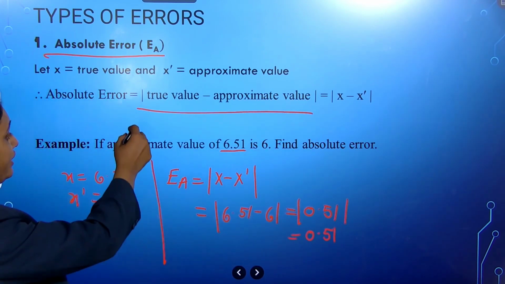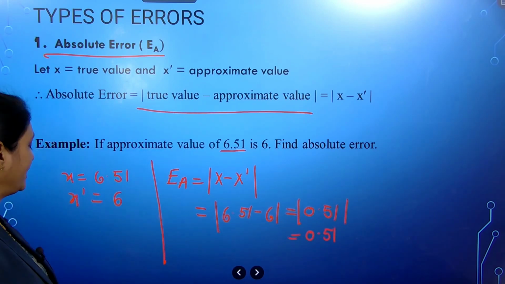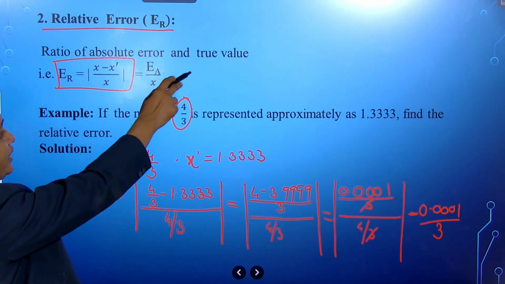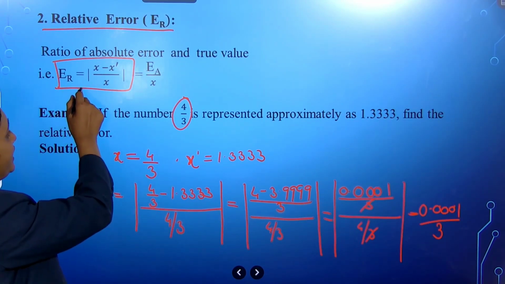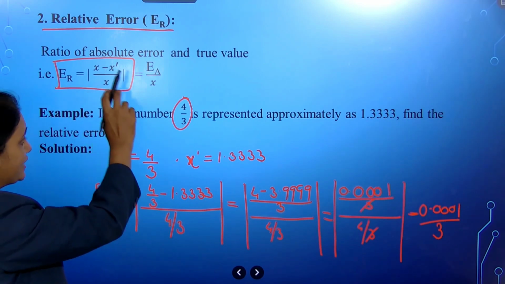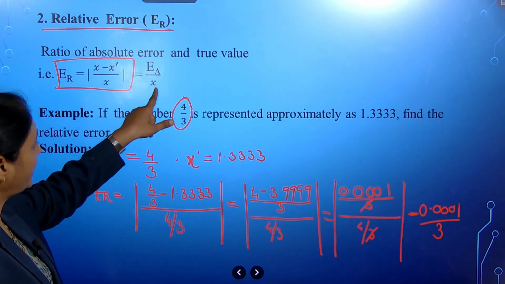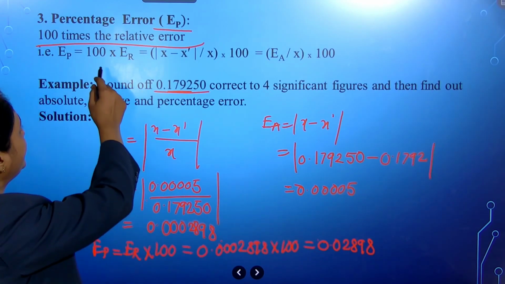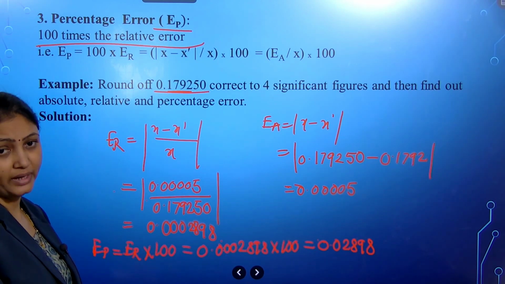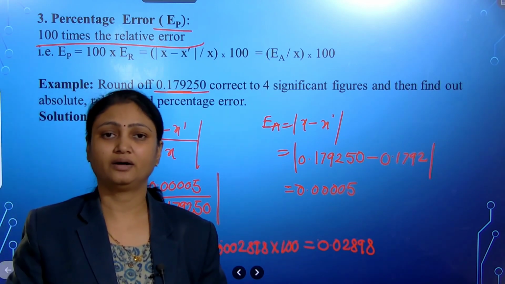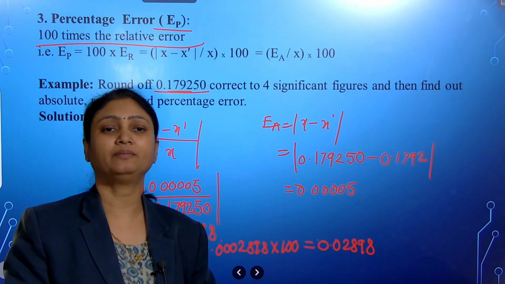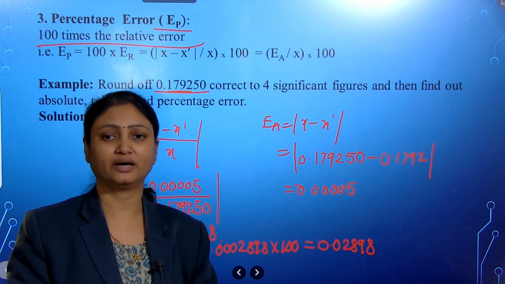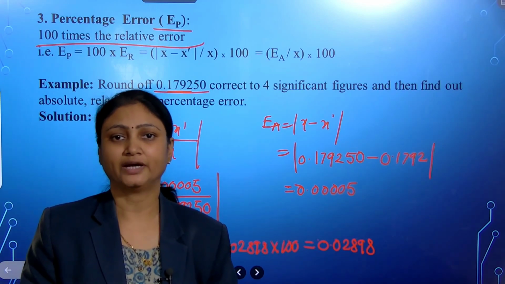Then the relative error is the ratio of absolute error and true value, and it is denoted by ER, that is equal to mod of x minus x dash upon x, that is EA upon x. And the percentage error is calculated by 100 times the relative error. So this video will be helpful for you to calculate the errors in numerical calculations. Thank you.